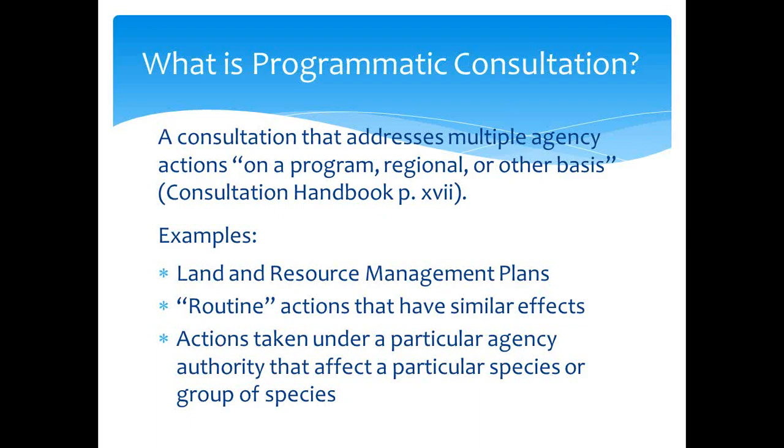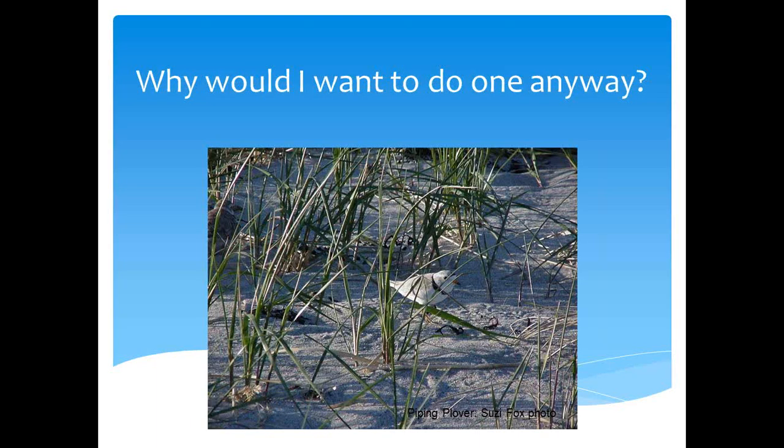Routine actions that have similar effects, like what we've done with the Corps of Engineers. How many hundreds of 404 permits do they do that are really pretty much the same? We've consulted with them on those in advance, with effects determinations, again, for actions taken under a particular authority that affect a particular species or group of species.